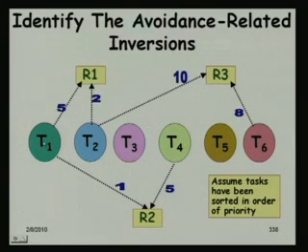Will T1 undergo any avoidance related inversion? Due to which task will it undergo avoidance inversion? T2 is accessing R1 and if T1 has requested R2, it might get blocked.